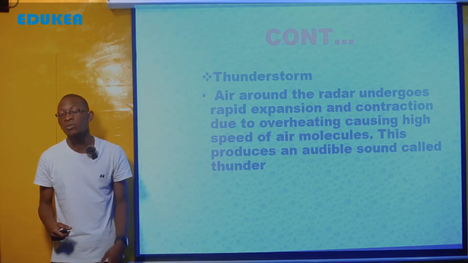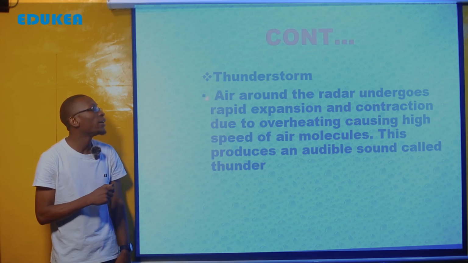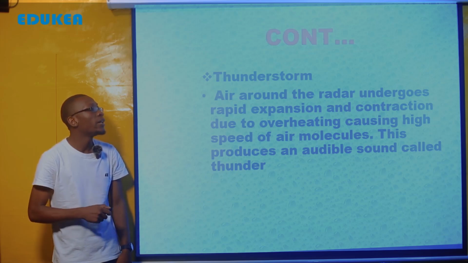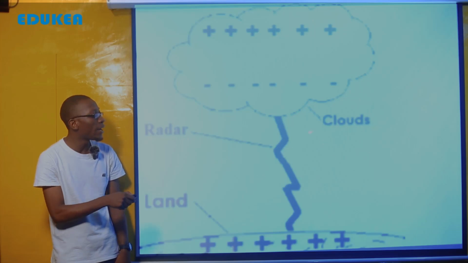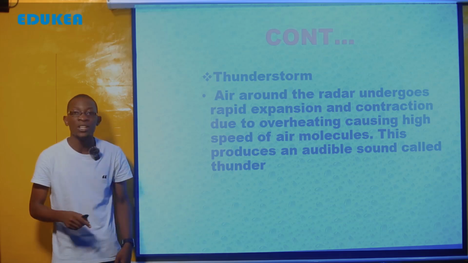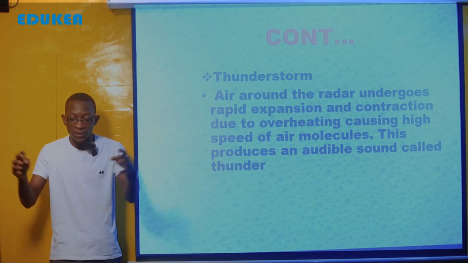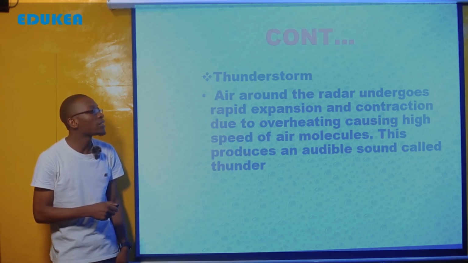So it says the air around the lightning undergoes rapid expansion, a big expansion, it expands more, and then a contraction: expansion and contraction.